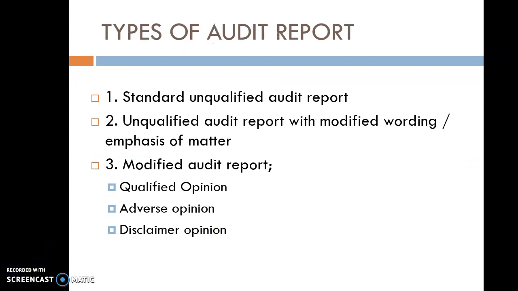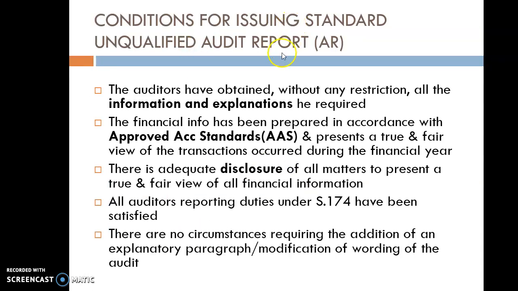There are three types of audit report: the standard unqualified audit report, the unqualified audit report with modified wording or emphasis of matter, and the modified audit report, which consists of qualified opinion, adverse opinion, and disclaimer of opinion. Under the unqualified audit report, the auditor has obtained, without any restriction, all the information and explanation he required.